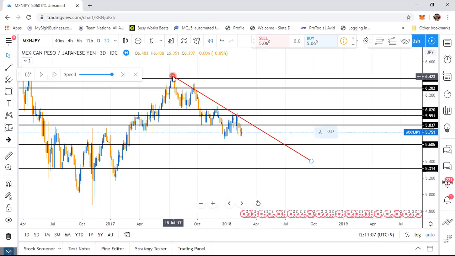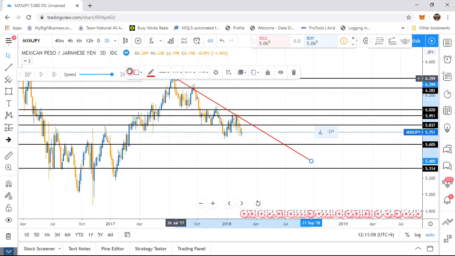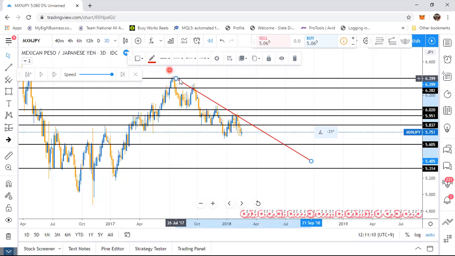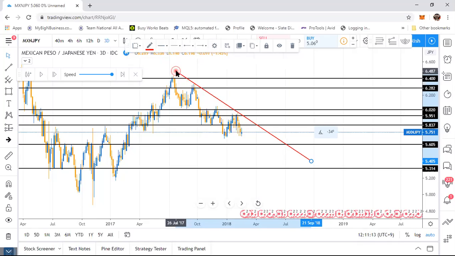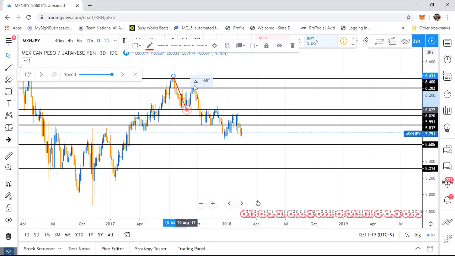We got the high right here. Got the high. Got the low. Lower high. Lower low. Lower high. Lower low. Lower high. Right? So we draw the trend line just like this without cutting through the body.